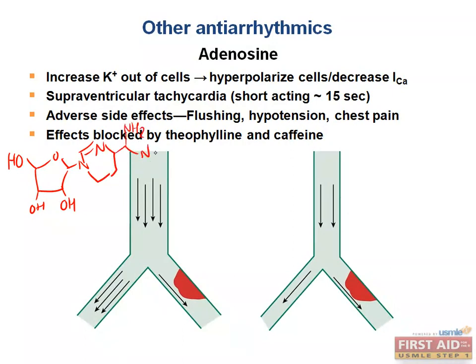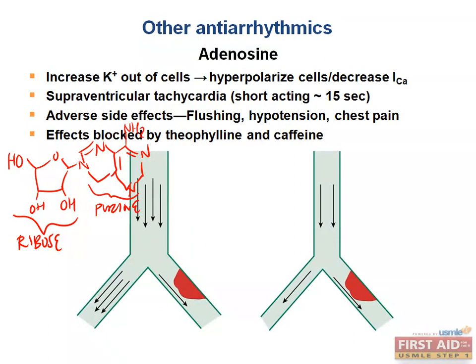What does this molecule look like to you? Well, it's just a purine nucleoside with a ribose on it. So this is the purine component, and then this is the ribose component. Remember, the difference between a nucleoside and a nucleotide is that a nucleotide has a phosphate group on it because you used an ATP to make it.